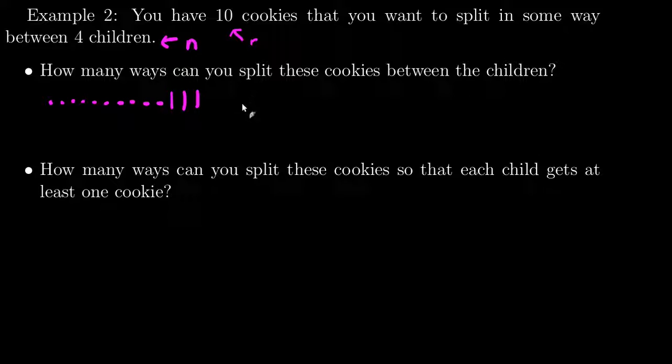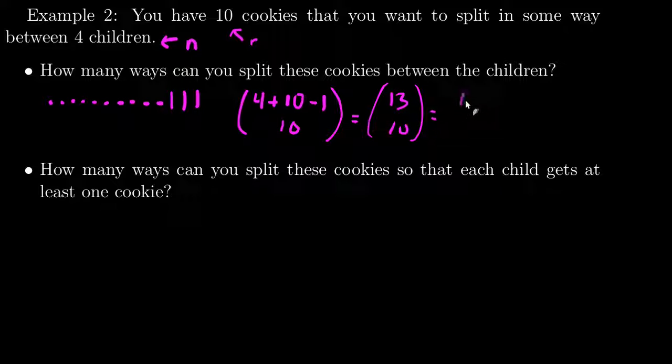And so that gives me n plus r, so 4 plus 10 minus 1, choose 10, which is going to be 13, choose 10. 13 factorial over 13 minus 10, 3 factorial, 10 factorial. 13 is 3 bigger than 10, so I have 13, 12, 11.